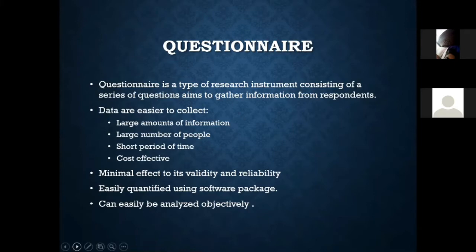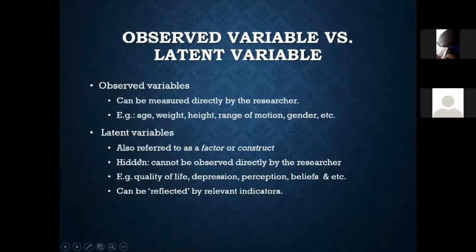So let's move on. In a questionnaire, you will have two types of variable. The first one is observed variable, and the second one is latent variable. Latent is a Latin word for hidden. Let's have a look at observed variable first. Observed variable is the variable that can be measured directly by the researcher.